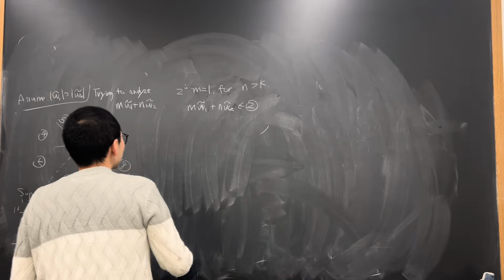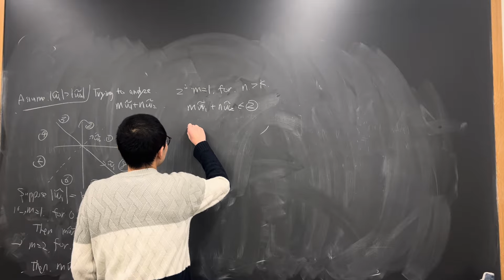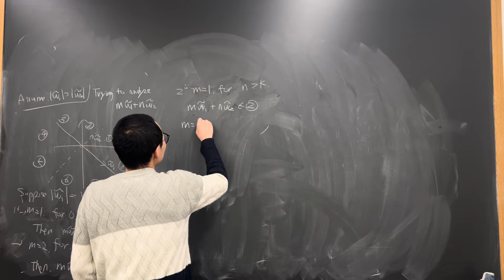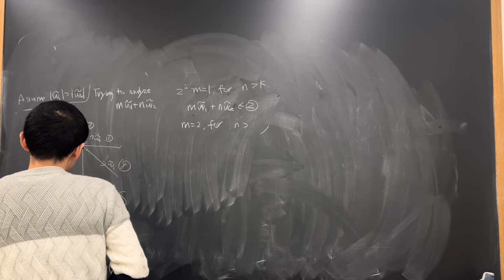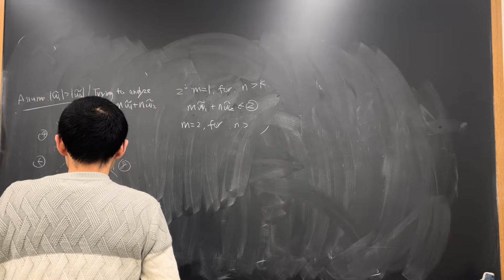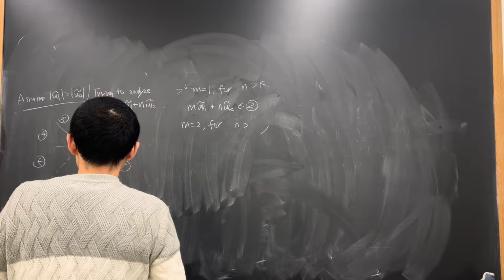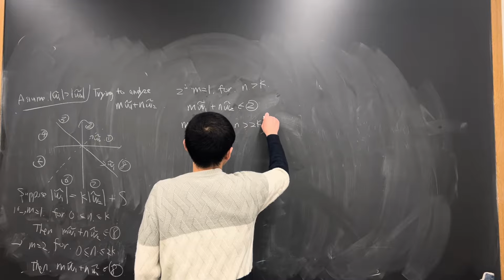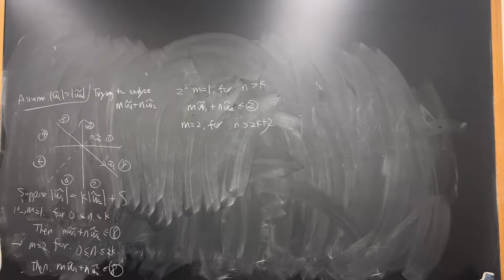So for m equal to 2, n needs to be bigger than 2k plus 2. I think this is safer, because I think 2k is not enough.